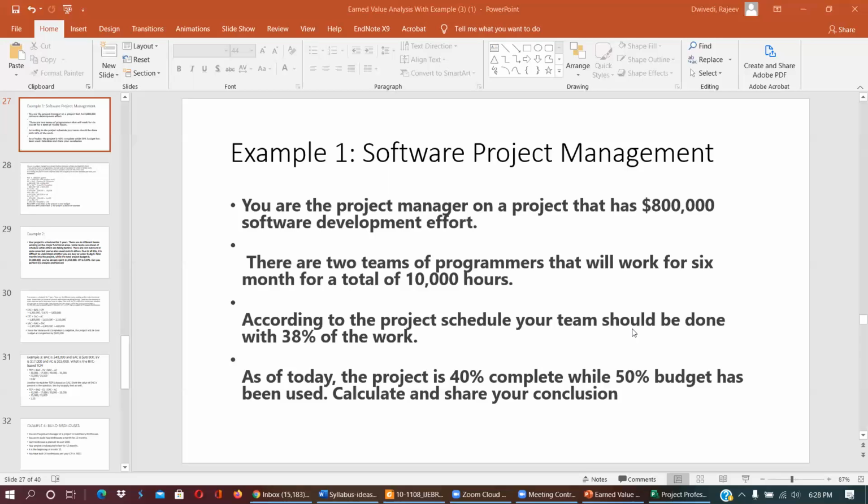I have a question on the homework. Yes, please. On the discussion, can you give me an example of a critical success factor for successful project management?